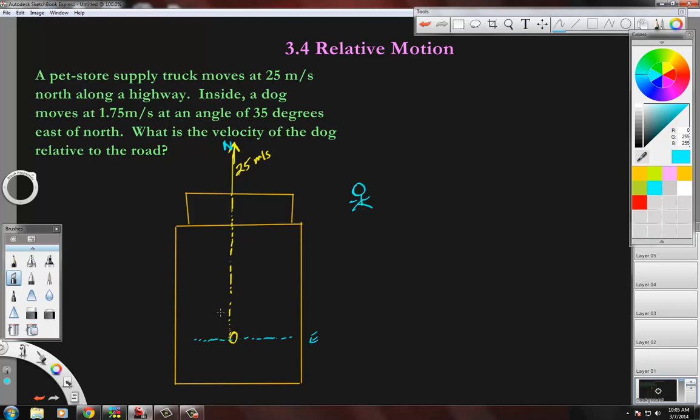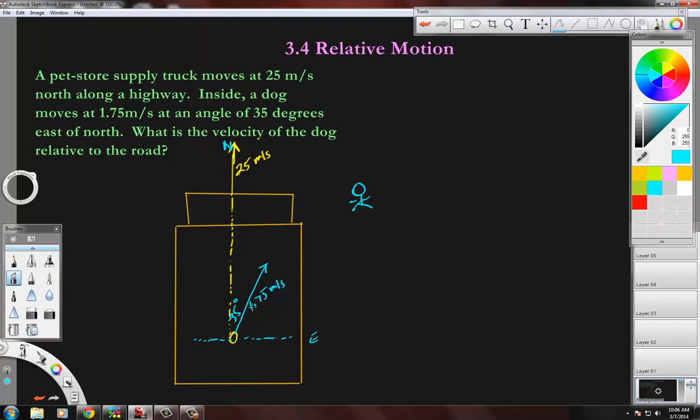And this dog is going 1.75 meters per second, 35 degrees east of north. So that's to the east from the north. So it's kind of like this right here. So we got a dog moving in here like this, 1.75 meters per second. And this is a 35-degree angle.